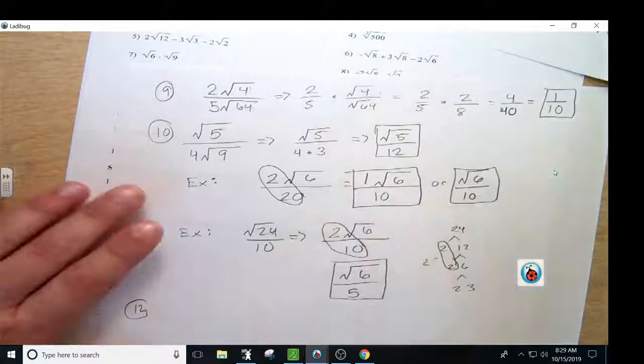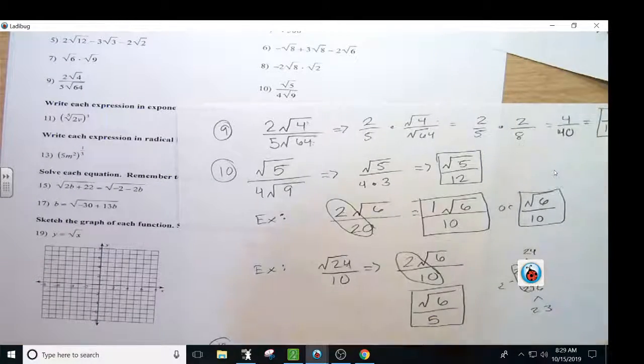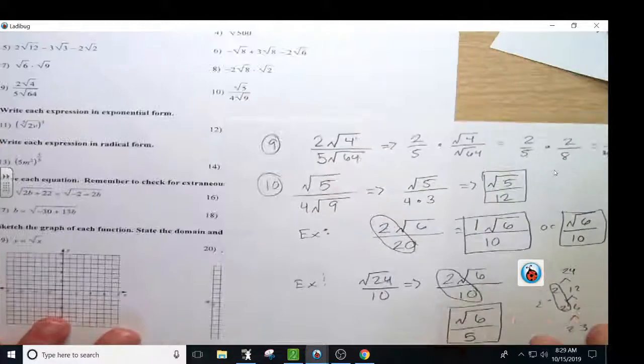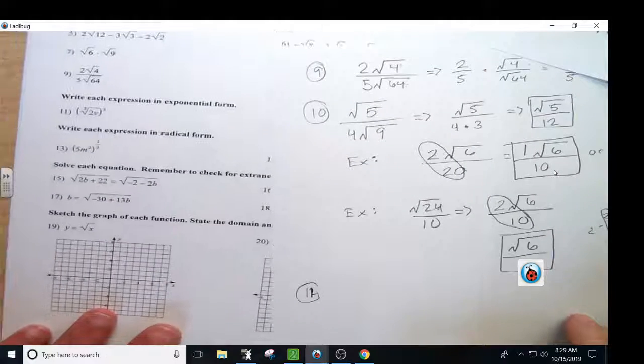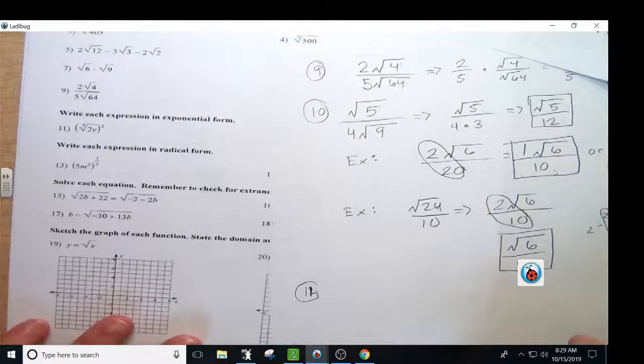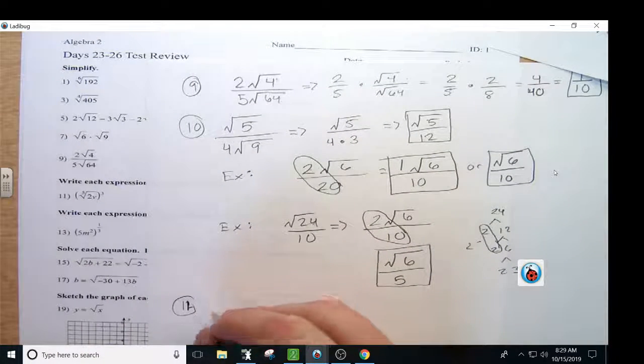All right, now 12 and 13. Excuse me, 11, or these are the very easy ones, guys. What you're doing, you're writing in exponential form. You're going from radical to exponential. Now remember, if it's in radical form, this is what it looks like.